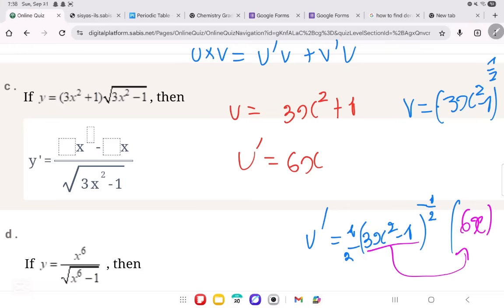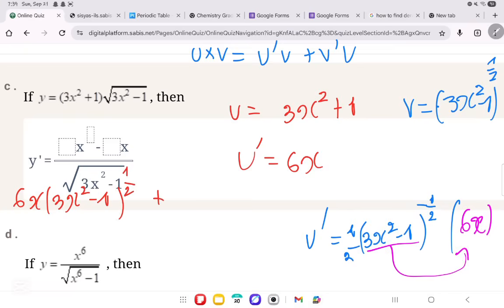Now, perfect. Now we substitute in the equation u prime v, so 6x times 3x squared minus 1 to the power of 1 over 2, right? I don't have space. Why don't I have space? 6x times 3x squared minus 1 to the power of 1 over 2. Perfect. Okay. Now, plus what?